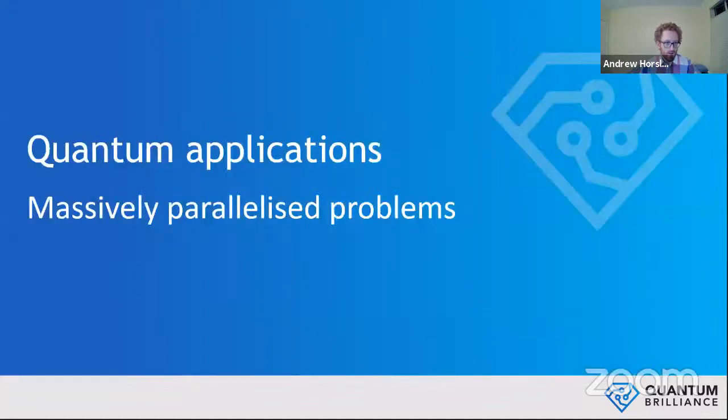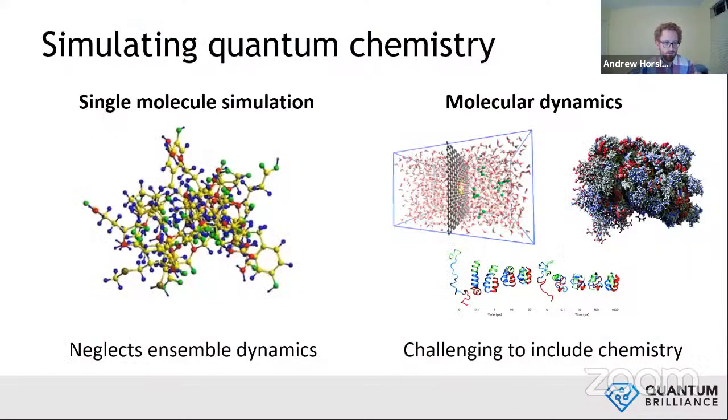The other one I really wanted to talk about was, what do we do in the context of centralized computing? So where we've got a data center or a supercomputing center, and now instead of supplying it with 1 or 2 quantum computers, we can supply it with hundreds or even thousands of quantum processors. The particular thing I want to talk through here is quantum chemistry.